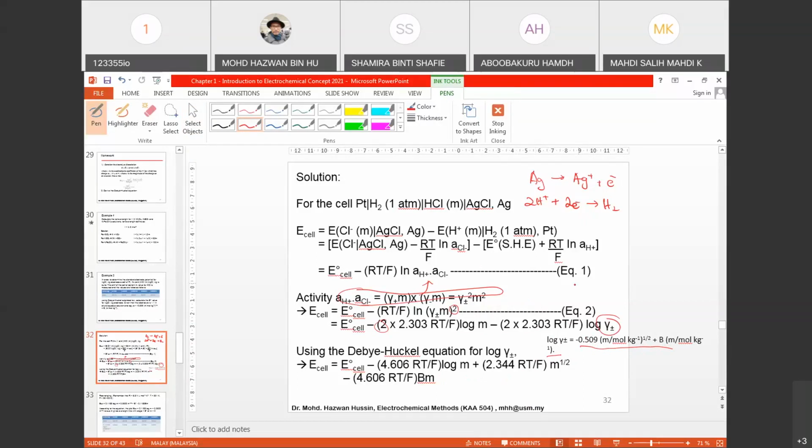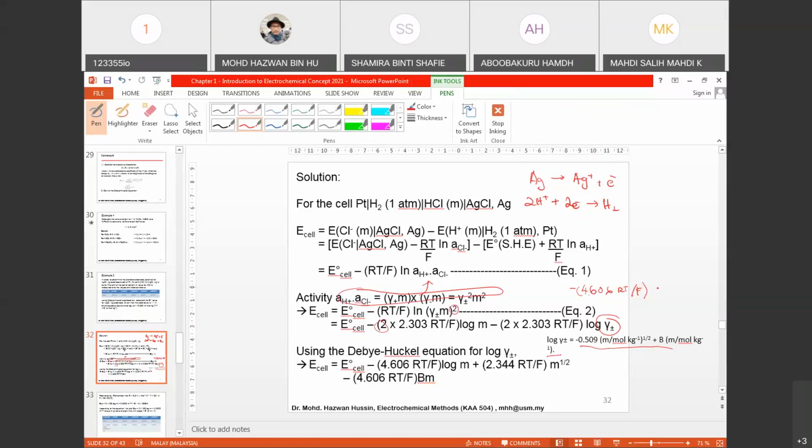So that is why, if I substitute over here, you have minus 4.606 RT over F, then you multiply it with this value as well, minus 0.509.